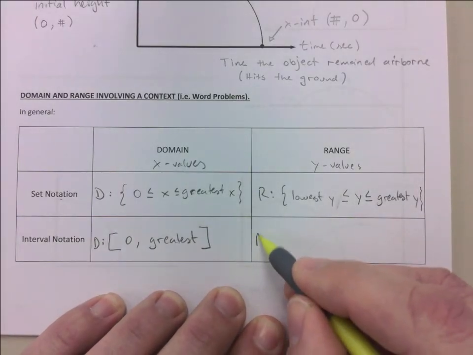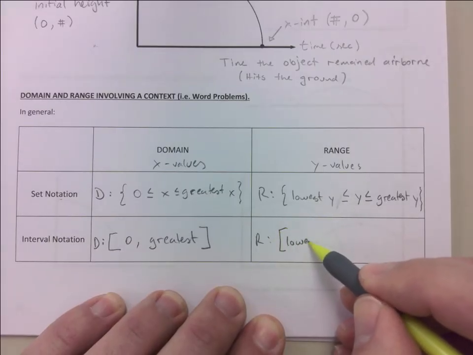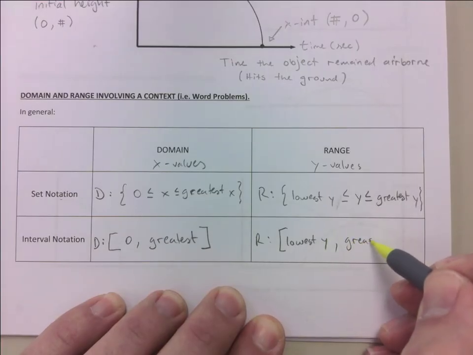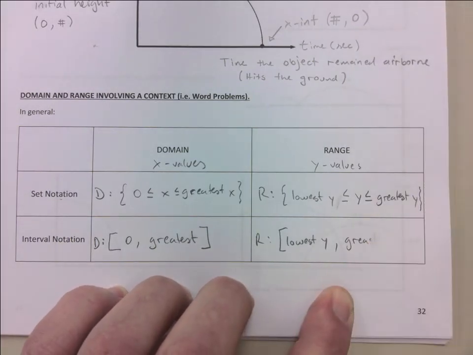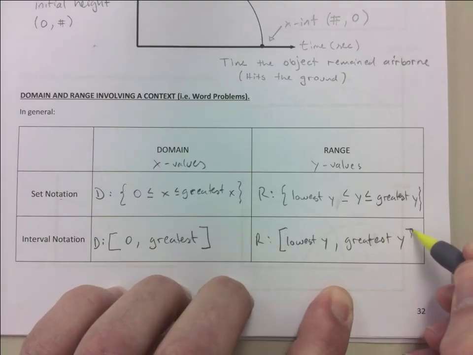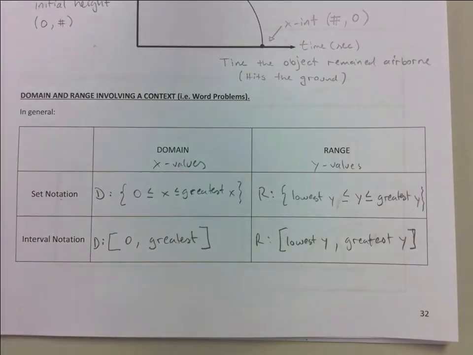And your range in interval notation will be lowest Y, comma, greatest. Okay.